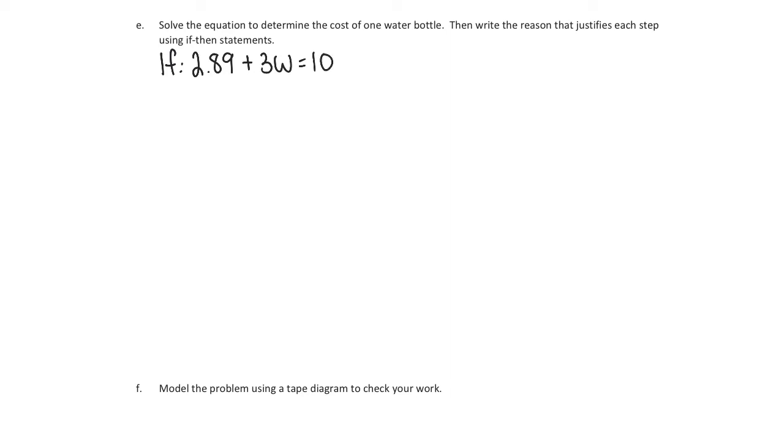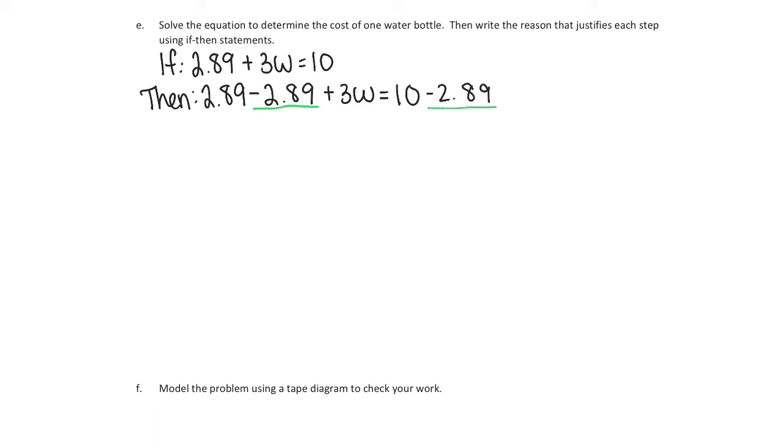then first I need to use the subtraction property of equality for the additive inverse of 2.89. So then I have 2.89 minus 2.89 plus 3W equals 10 minus 2.89. Okay, remember that it's important that what we do on one side, we have to do to the other.